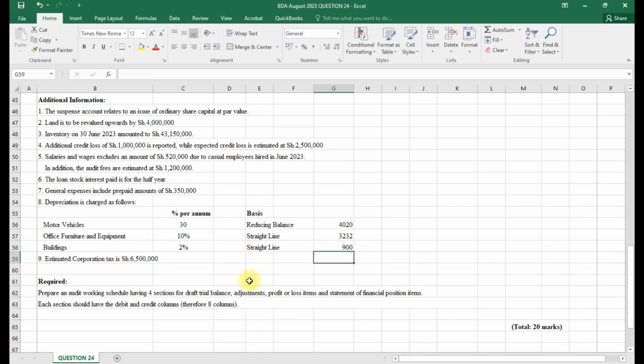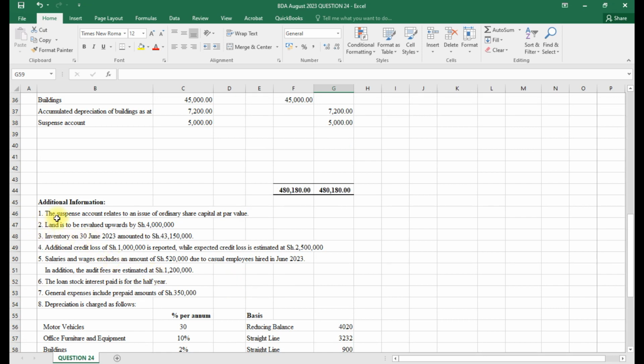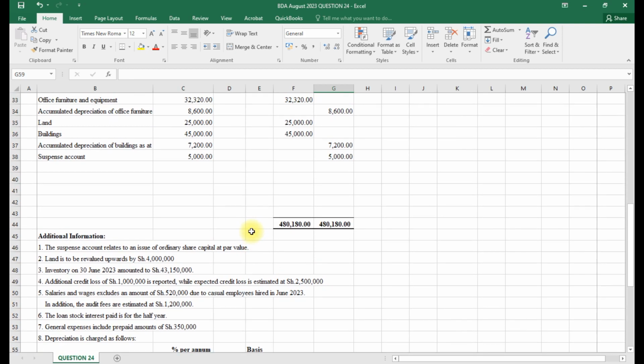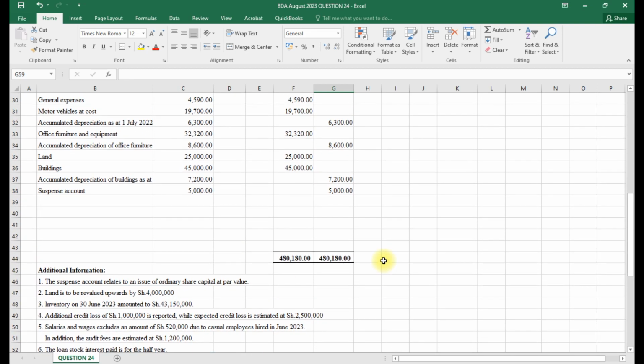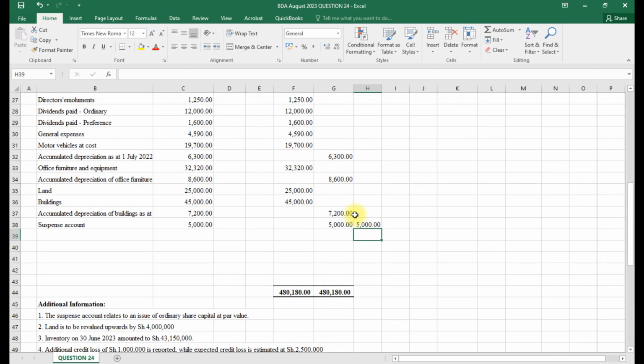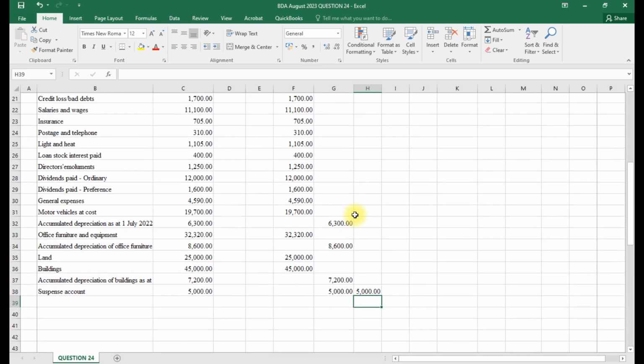So I need to do an adjustment first, starting with this. The suspense account relates to an issue of ordinary share capital at par. So for the adjustment, remember, we just need to observe the double entry system of accounting, whereby we shall debit the suspense account 5,000, and we credit ordinary shares because it was issued at par.